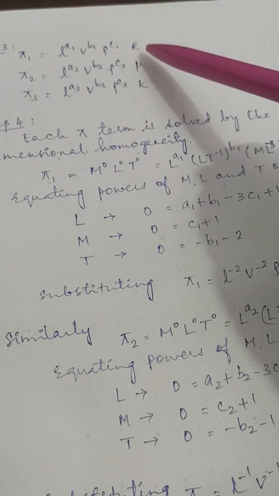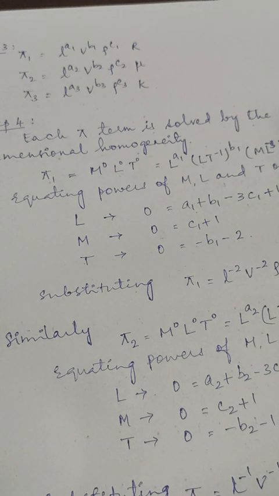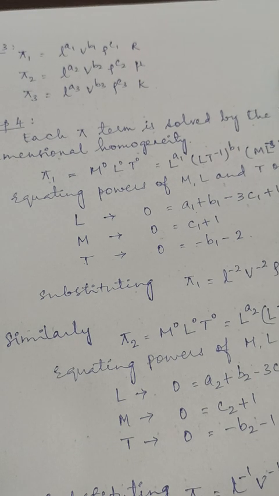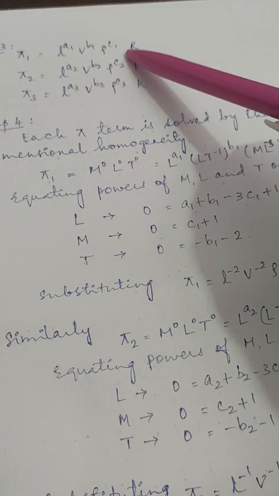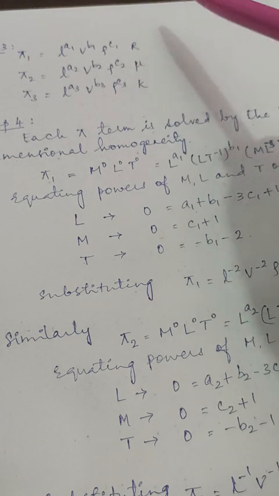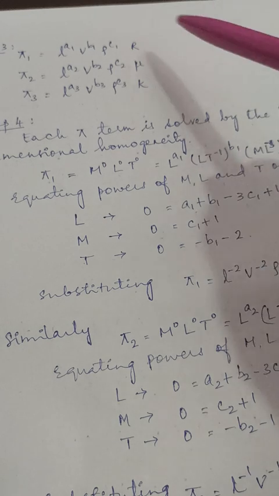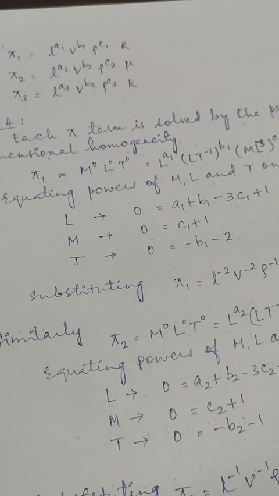Then R, the resisting force. Force is nothing but having the basic quantity as M L T to the power of minus 2. So F is equal to m a. R is also force, that is the resisting force. Whatever units I have for the force, for R also I have the same units.